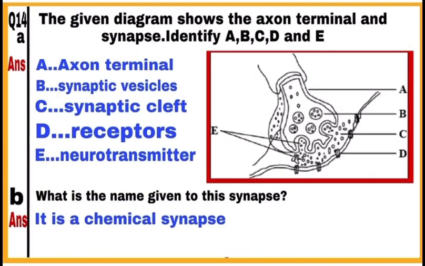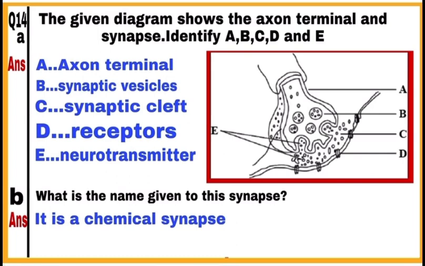Question number 14, Part A. The given diagram shows the axon terminal and synapse. Identify A, B, C, D and E. A is axon terminal. B is synaptic vesicle, which contains chemical called neurotransmitters.